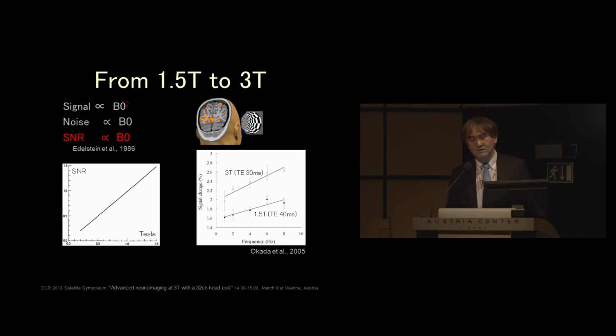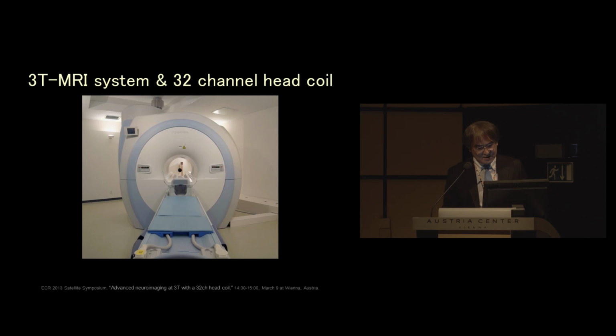And as for the fMRI, when we use checkerboard stimulation with different frequency stimuli, we have double, or 2 times steeper, signal increase if you use 3T. So in general, as a rule of thumb, 2 times for the signal or for the BOLD contrast. So that's the advantage of the 3T.